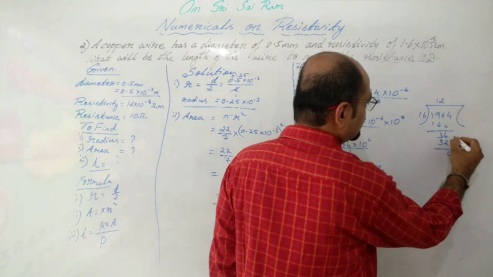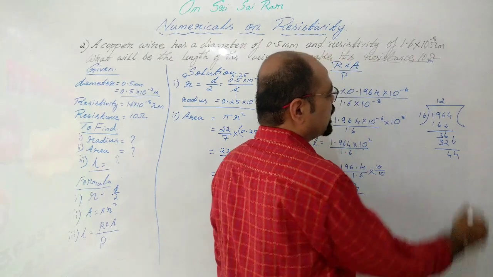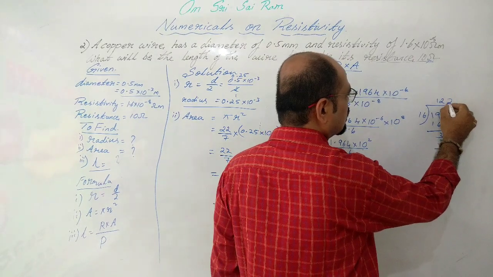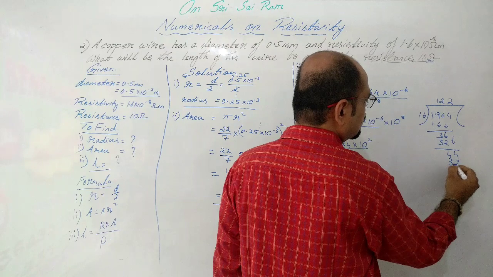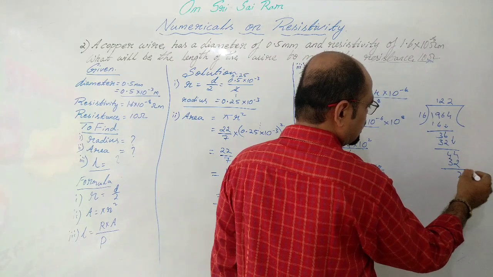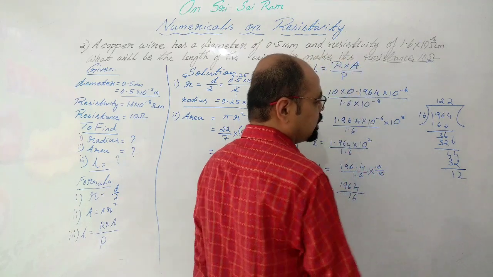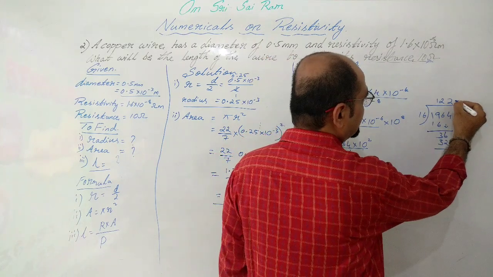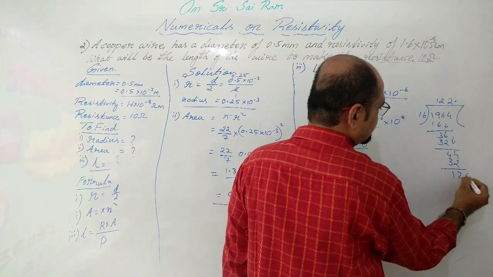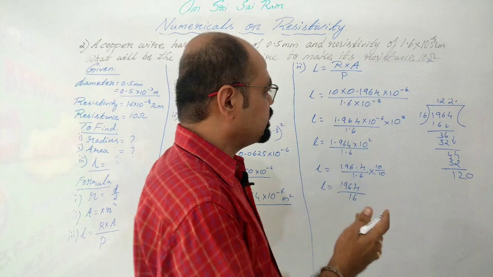And we take this 4 down again. Again 16 twos are 32. 4 minus 2 is 2, and 4 minus 3 is 1. Here 12 doesn't go in 16, so we can put a point here and take a 0. The nearest value might be 7, we can try it with 7.